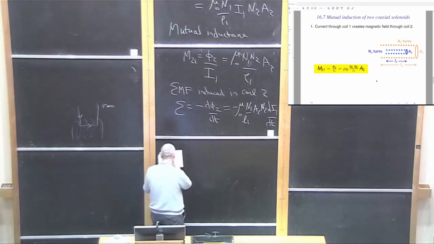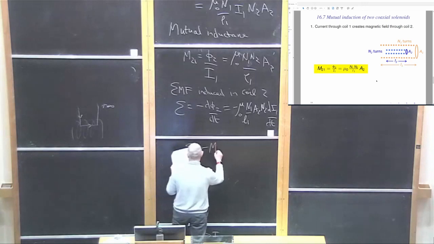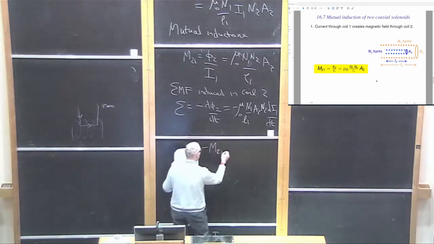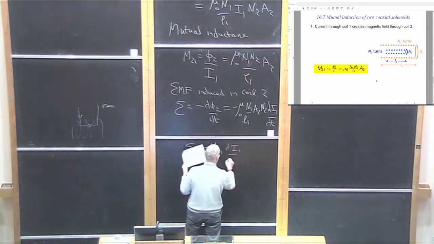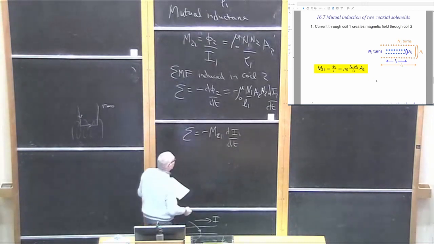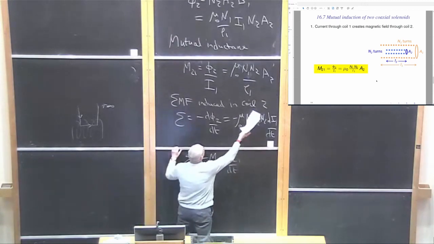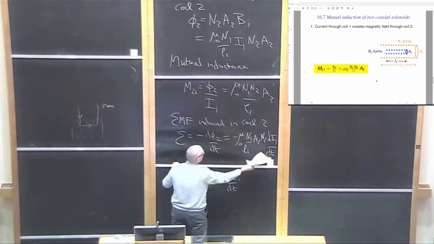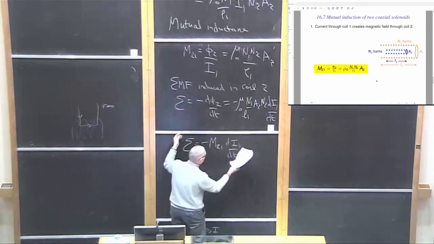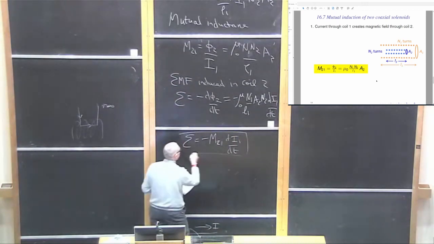So the result is minus M21 di1 by dt. That is just essentially what I've written there. This is M21, di1 by dt is that. So I come up with this. All right.